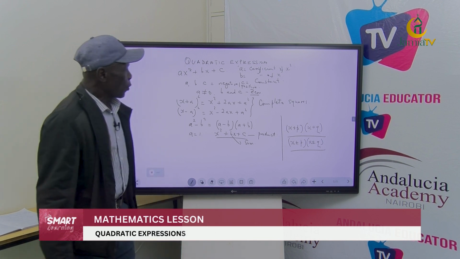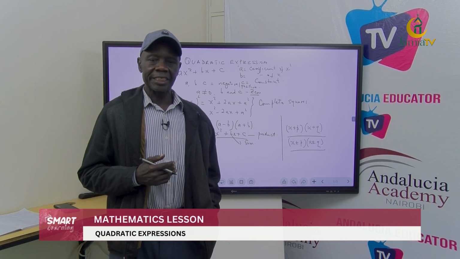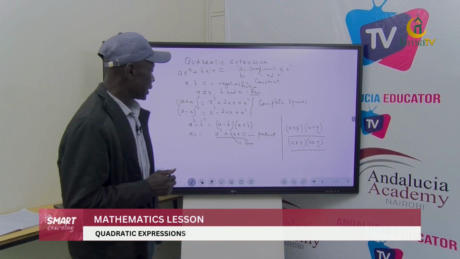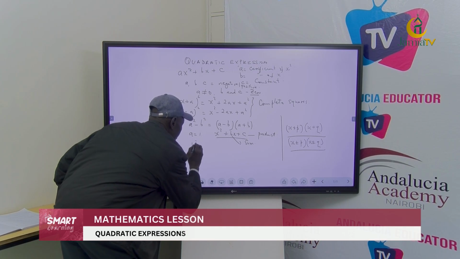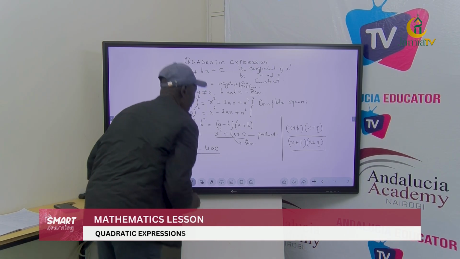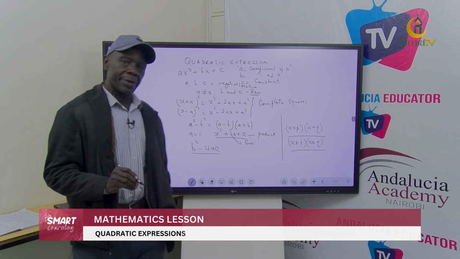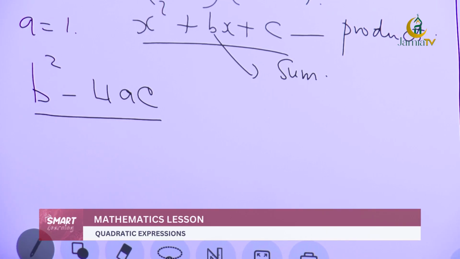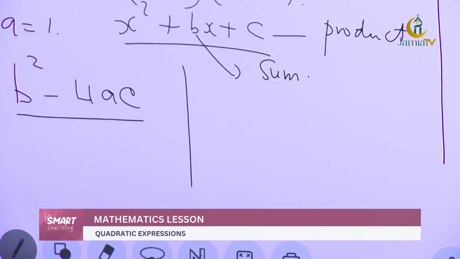And then we also said that in order for us to be able to get those factors, it is better for us to find our determinant. And our determinant is b squared minus 4ac. Now, when we have our b squared minus 4ac, we look at what will be its value.